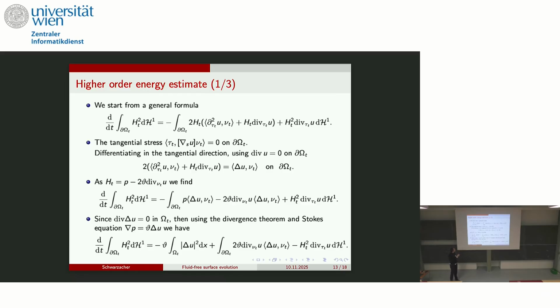Here you can use this hidden boundary condition that in tangential direction you are stress free. So there is nothing blocking you from taking whatever test function you want in the tangential direction. And this allows you to sneak in here the full Laplacian. And this is quite nice, because you actually get an equation where you have here the full Laplacian squared. If you do this, here you use the equation again.